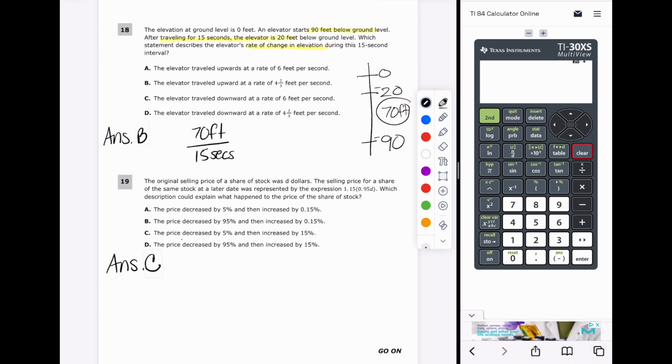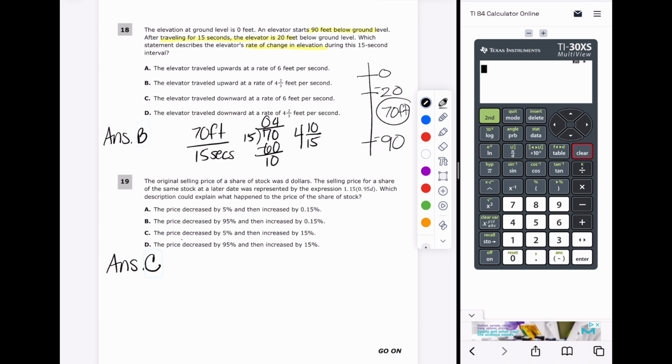So if I want to find the unit rate, clearly I can just do 70 divided by 15. And that will be 4. 4 times 15 is 60. And my remainder will be 10. So I would have 4 and 10 out of 15 seconds.